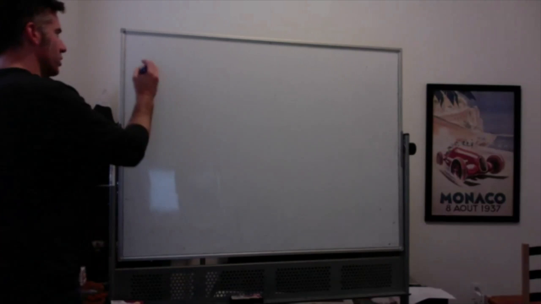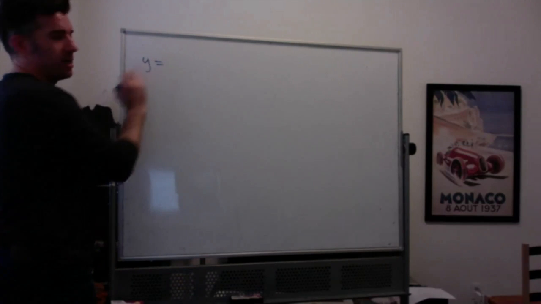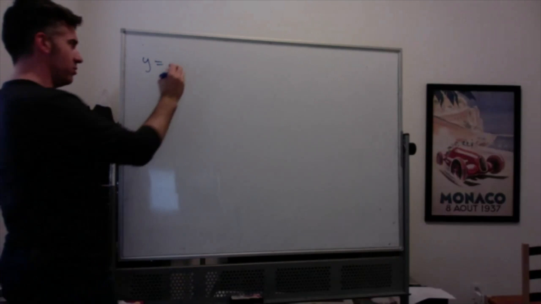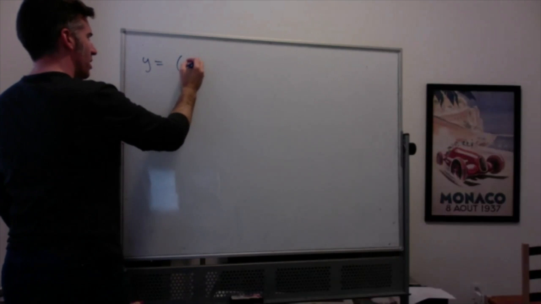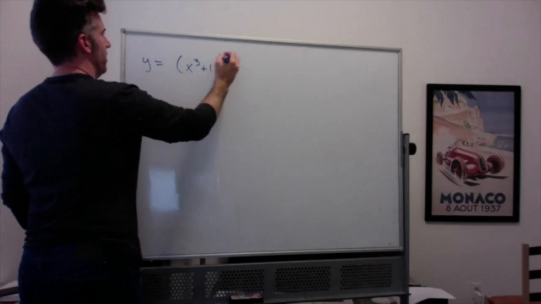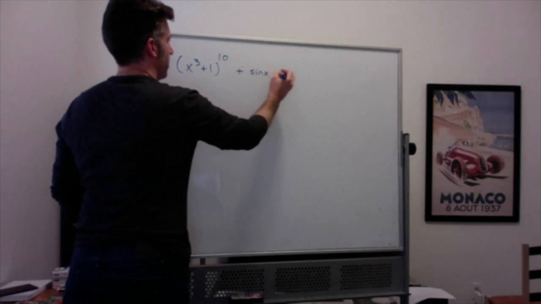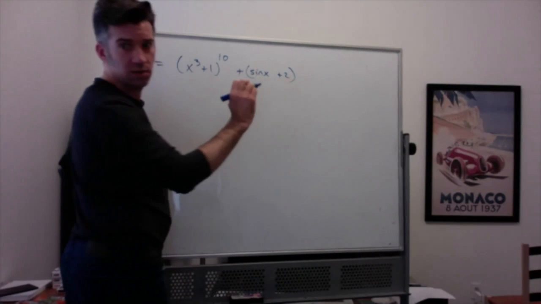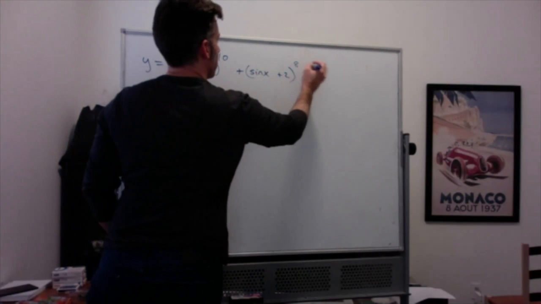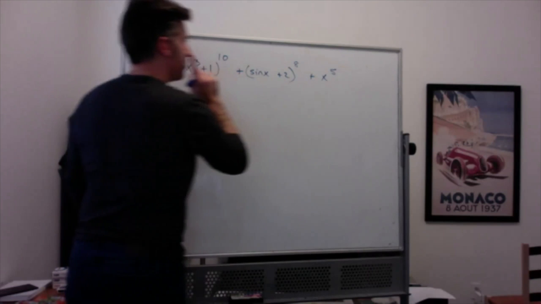So let's say we have this function. y equals, and it's not going to be super terrible, (x cubed plus 1) to the 10th plus (sine of x plus 2) to the 8th plus x to the 5th.